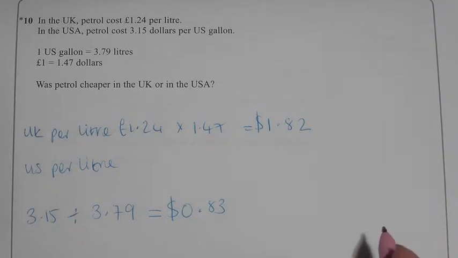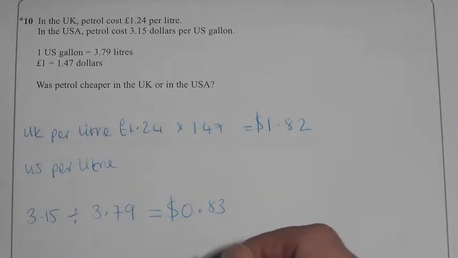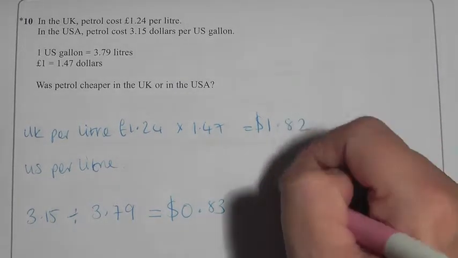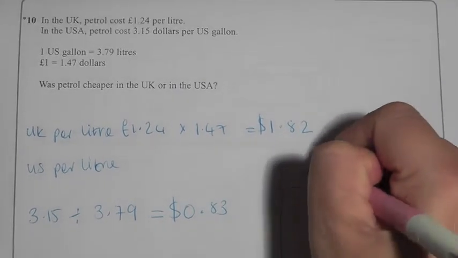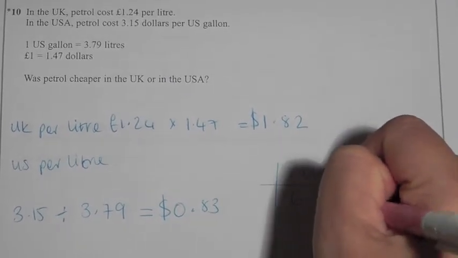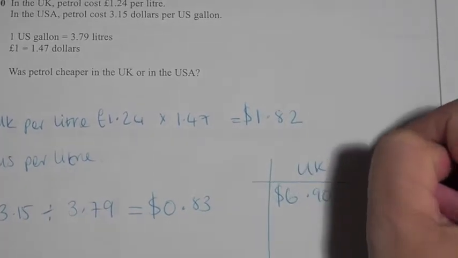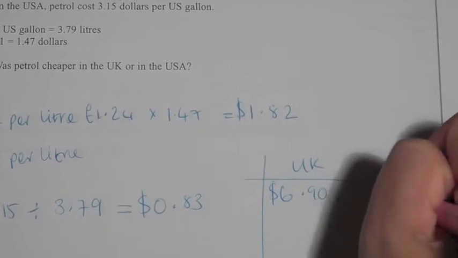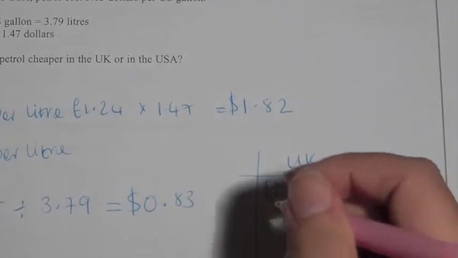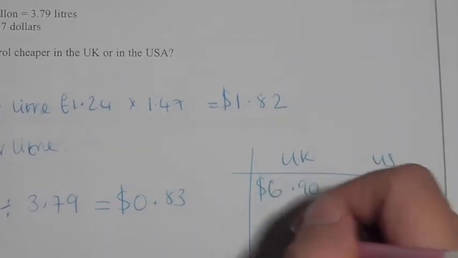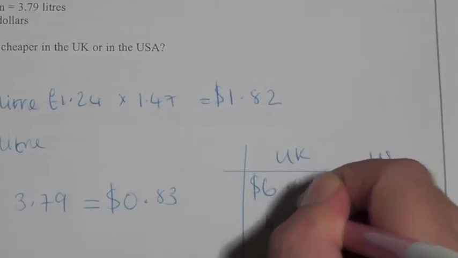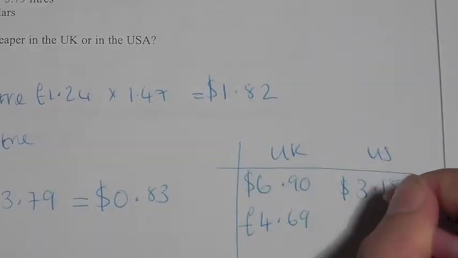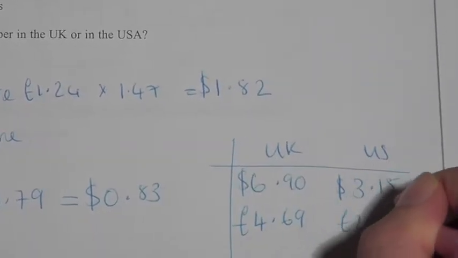Other values you could have compared, if you've compared prices per US gallon, the UK price is $6.90 to the US price of $3.15. If you've converted that into pounds, it's £4.69 compared with £2.14.